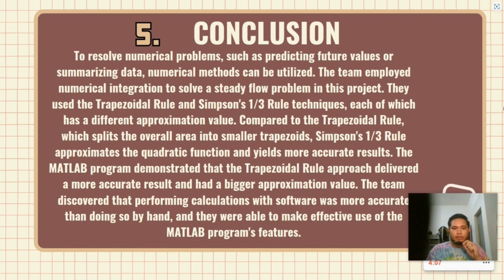The trapezoidal rule splits the overall area into smaller trapezoids, while Simpson's 1/3 rule approximates with a quadratic function and yields more accurate results. The MATLAB program demonstrated that the trapezoidal rule approach delivered a more accurate result and had a bigger approximation value. The team discovered that performing calculations with software is more accurate than doing so by hand, and they were able to make effective use of the MATLAB program's features.